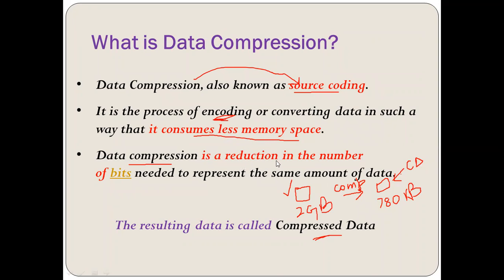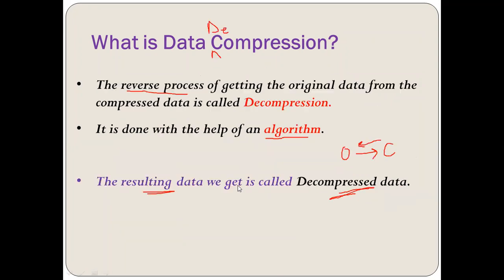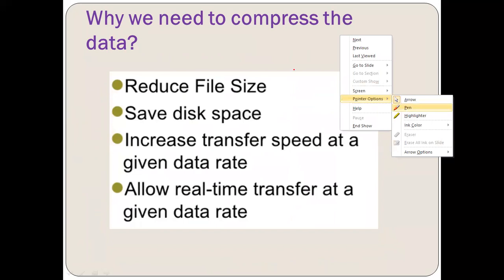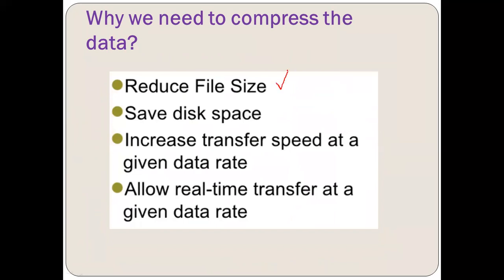Because we are reducing the number of bits required to represent the same amount of data. So the first thing is, it is going to reduce the file size, by reducing the number of bits required to represent the same file.